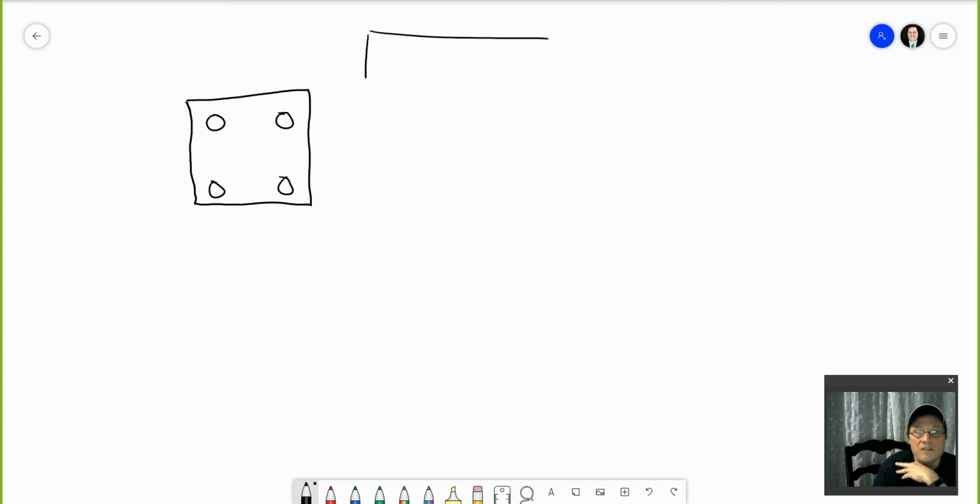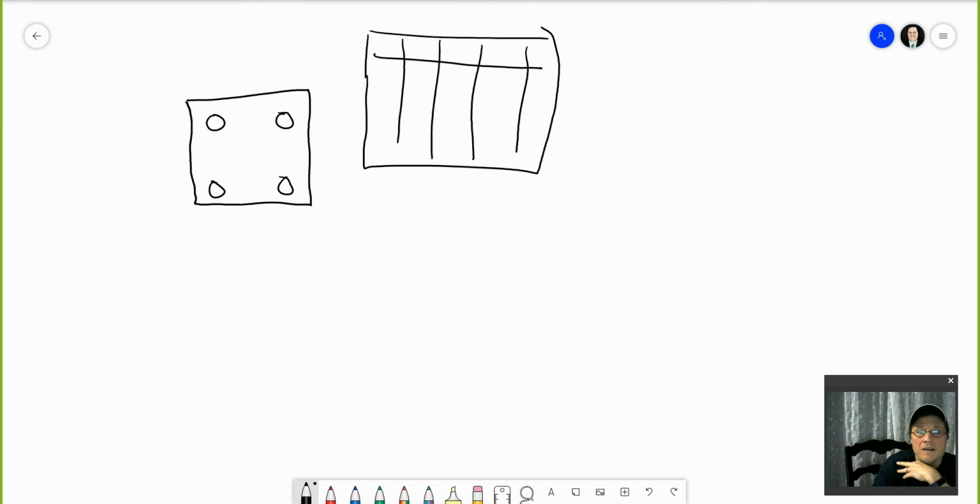So customer A, all of his holes are at 3 inches and 3 inches. Customer B, all of his holes are at 2 inches and 2 inches. C is at 1.7 and 1.7. So all the customers want the same part, but they all want their own little twist on it.